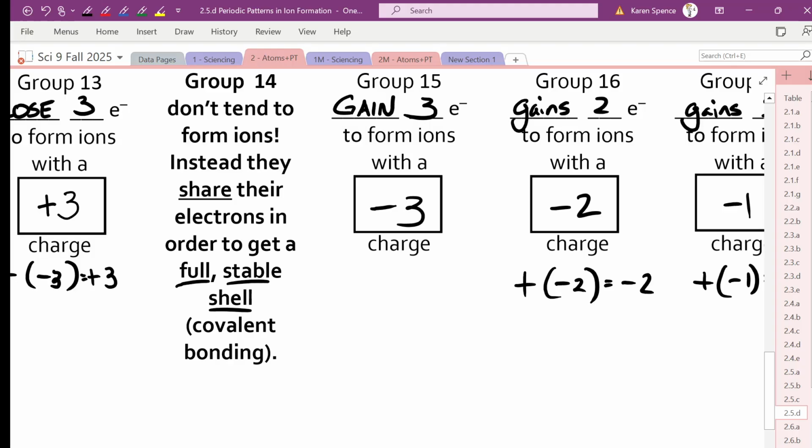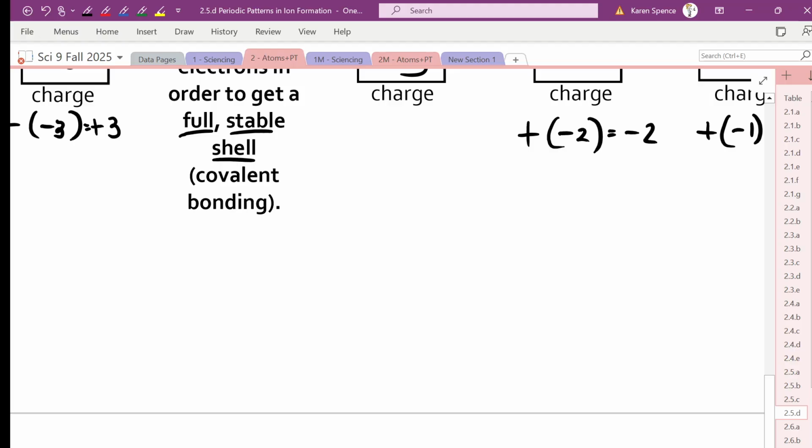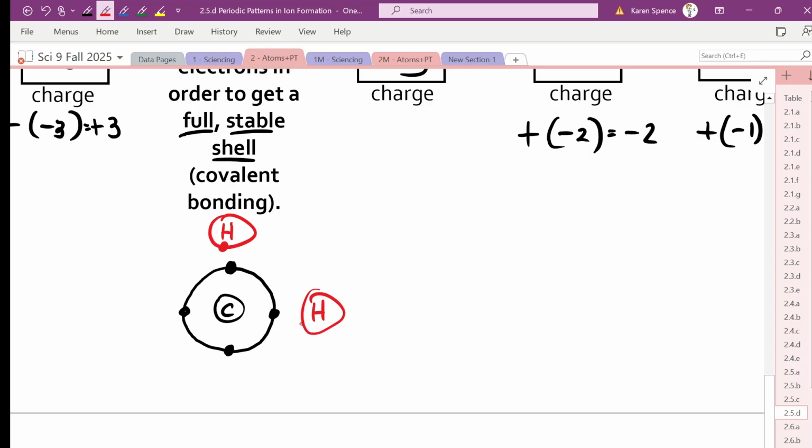So I'm going to show you a little something. You don't need to know this yet, but just so you know what I'm talking about. Carbon, in its outer shell, has 4 valence electrons. 1, 2, 3, 4. Are we okay if I do not draw the inner shell? This is just the outer shell. Hydrogen has 1 electron. Well, if I have 4 hydrogens, how many electrons does hydrogen want to be full?